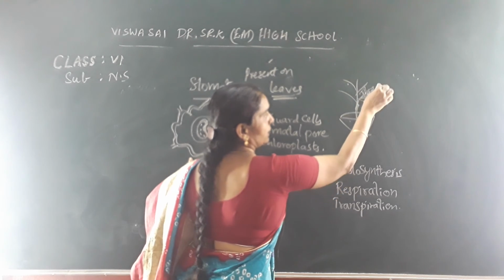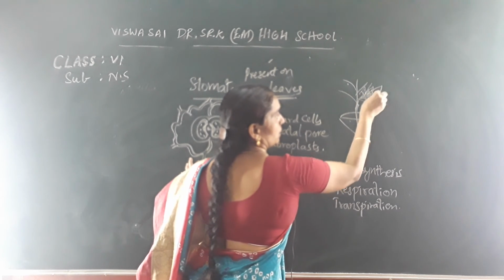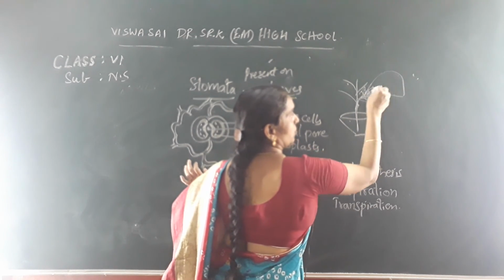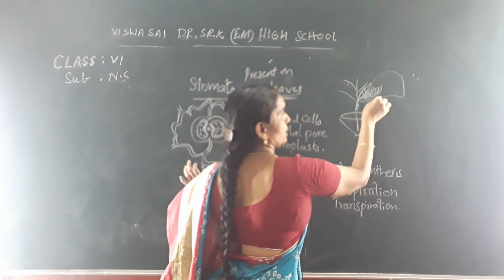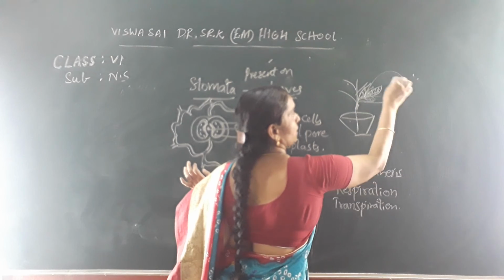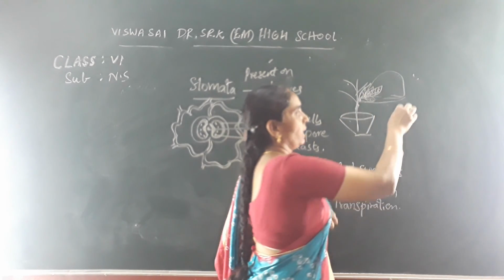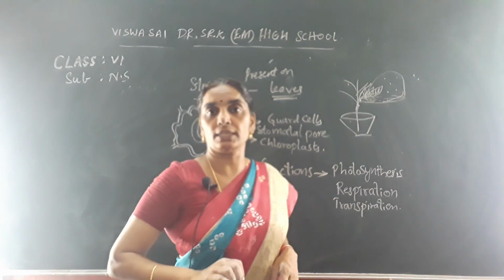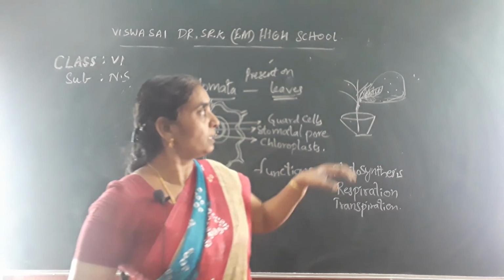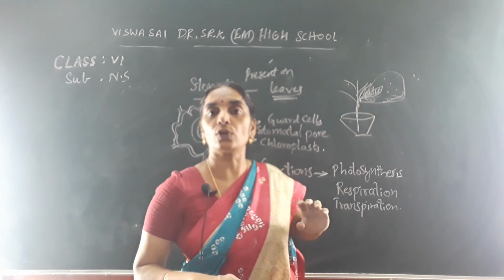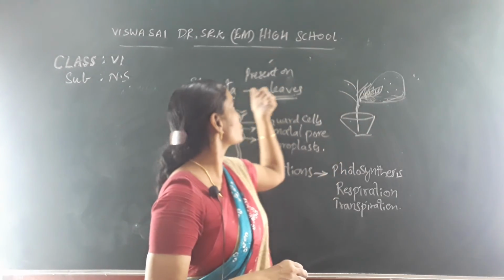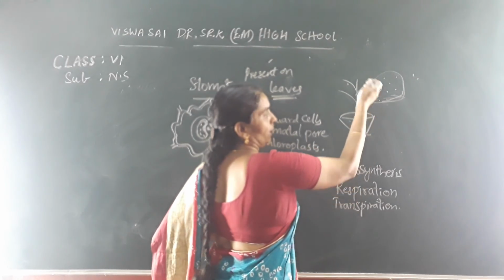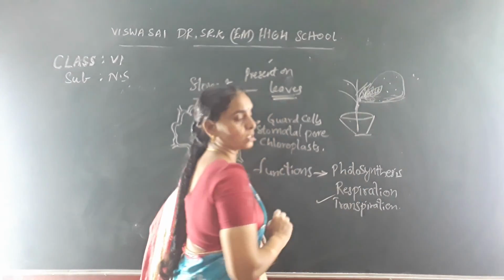You take a polythene cover and tie it to one of the branches, along with the leaves, and leave it overnight. In the morning you can see tiny droplets over the polythene cover, which explains that the leaves have released the excess water from its tiny pores called stomata. So this is the experiment to prove the transpiration process.